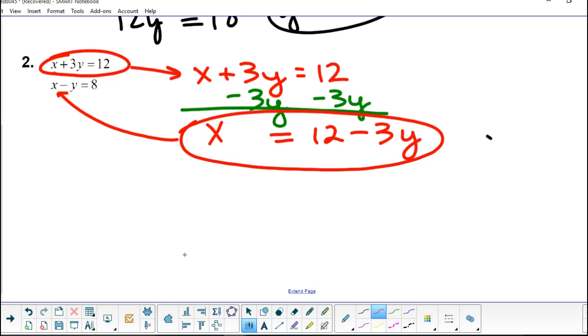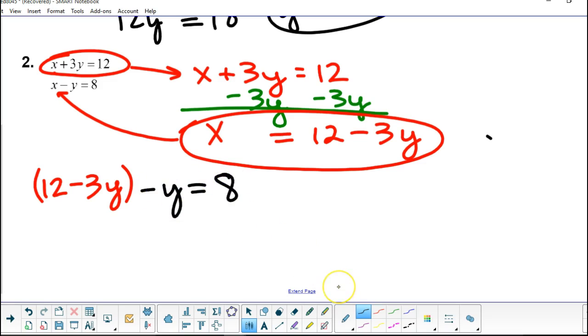We took it from the first equation, so we're now going to go to the second equation and plug that value in for x. So as I do that, I'm just going to write, in place of x, I've got 12 minus 3y. And then we write the rest of the equation. That's in place of the x, and then I've got minus y equals 8. Well, as we start looking at this, 12 minus 3y minus y would be 12 minus 4y equals 8.